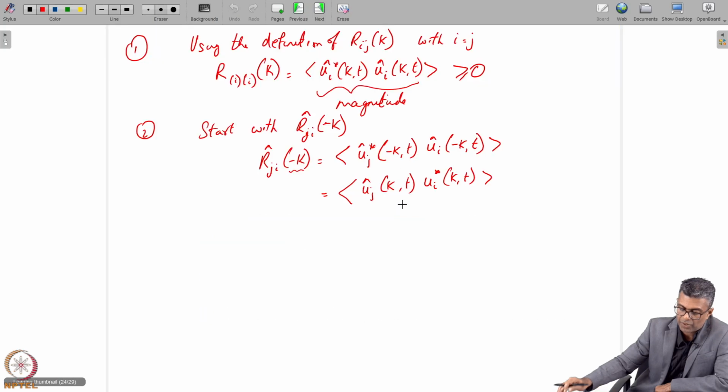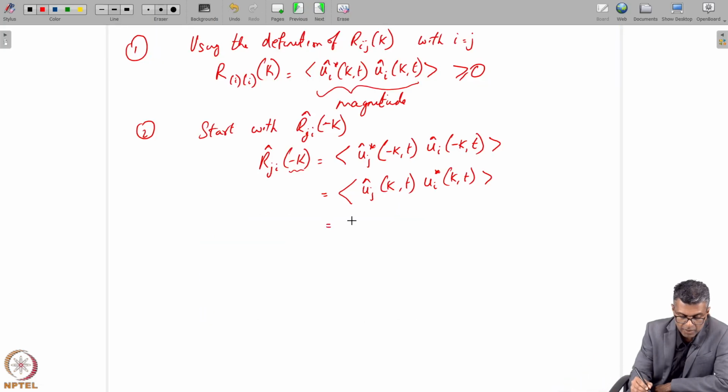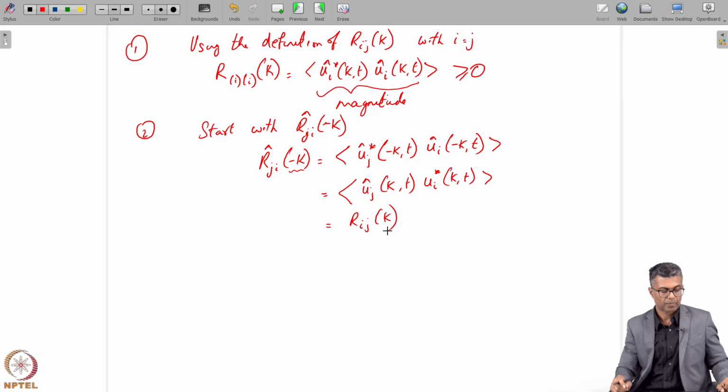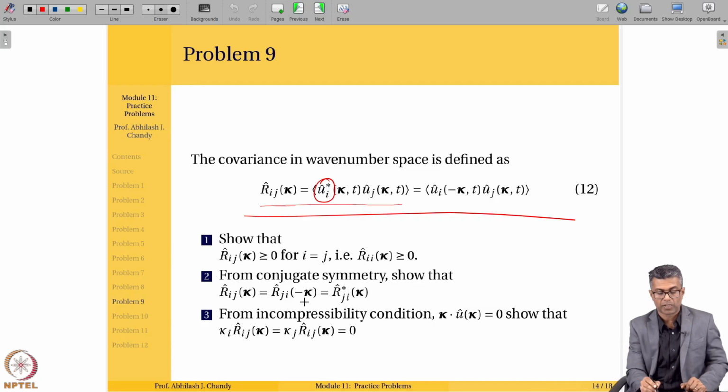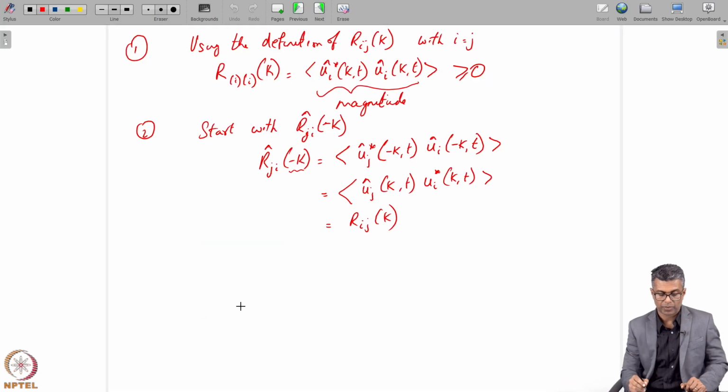So this just becomes Rij of kappa. Essentially we have just shown conjugate symmetry. So Rij of kappa is Rji of minus kappa. We started with Rji of minus kappa and we proved that it is Rij of kappa. That is what it is.